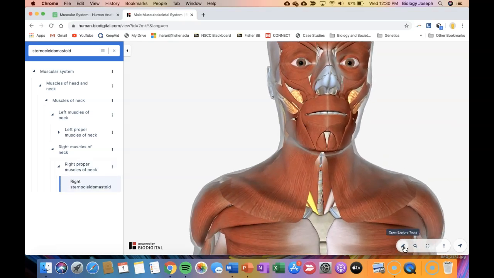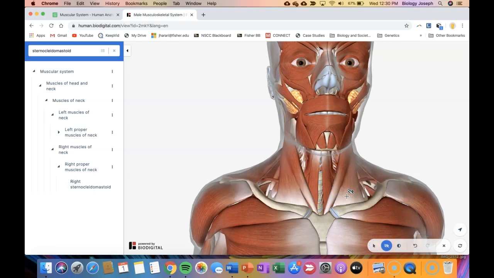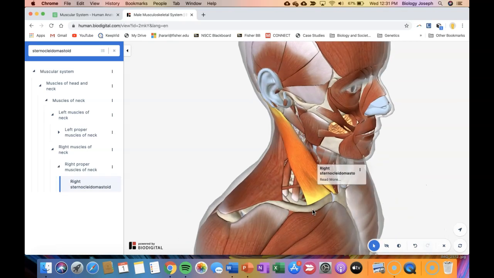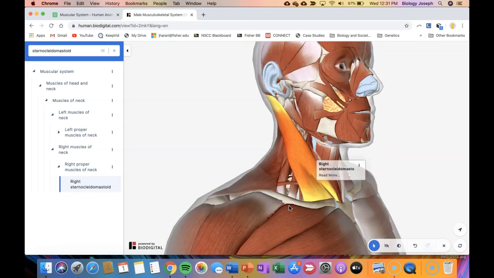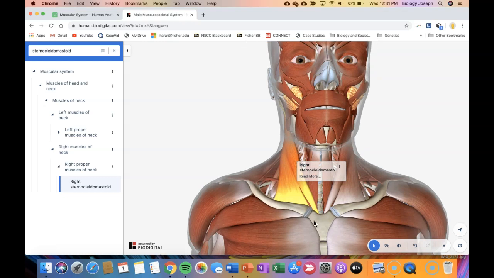And of course, we might need to get rid of our trapezius. Oh, sorry, our platysma. That's not the trapezius. Get rid of the platysma in order to see the SCM. And it's easy to see here the attachments to the manubrium of the sternum, as well as the medial third of this clavicle.